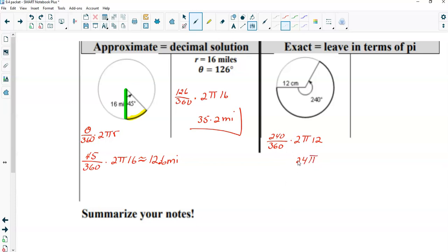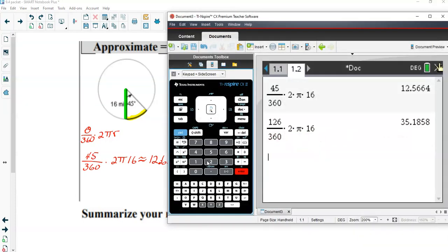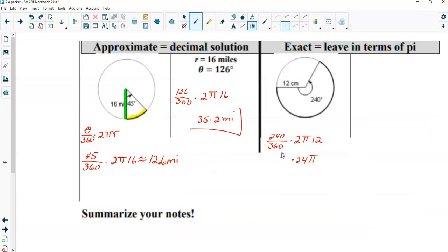240 over 360, we could reduce that. That gives me 2/3, right? So that's 2/3 times 24 pi. Now 24 times 2 gives you 48, and 48 divided by 3.